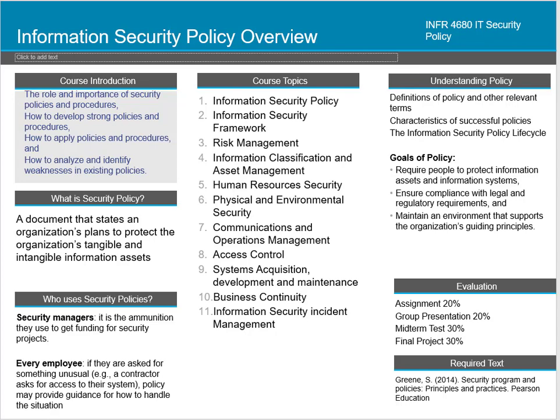Then we'll look at physical and environmental security, communications, operations management, access control, key topic, systems acquisition, development and maintenance, business continuity, and we'll end with information security incident management. So what happens, for example, if there's a breach.